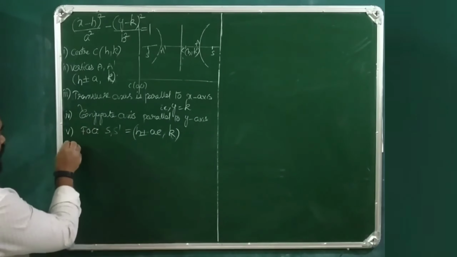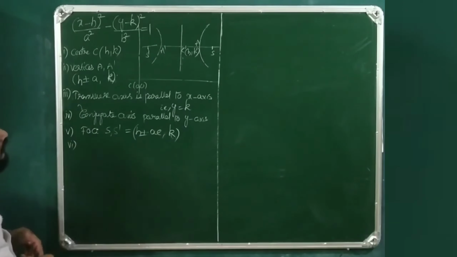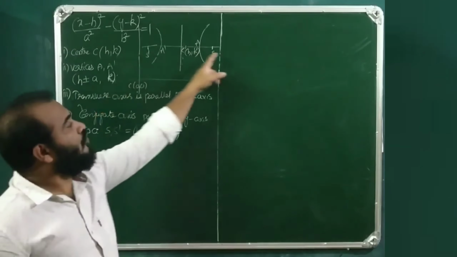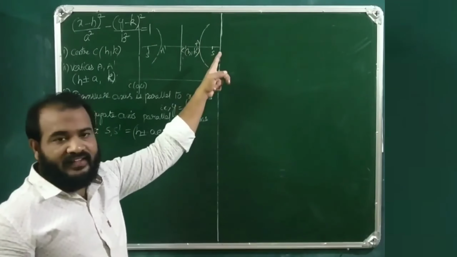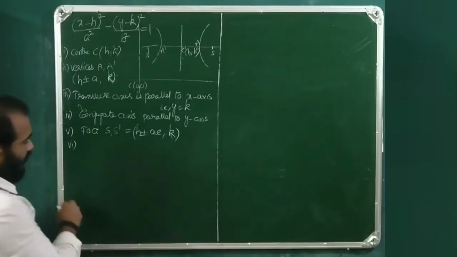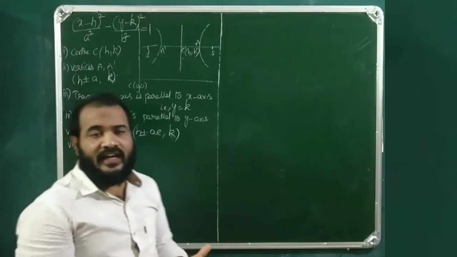Now the length of the transverse axis is 2a, and the length of the conjugate axis is 2b.